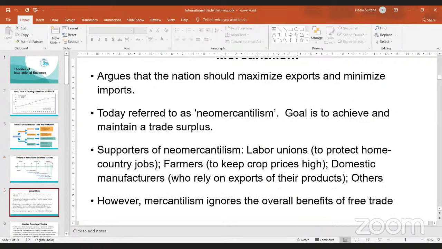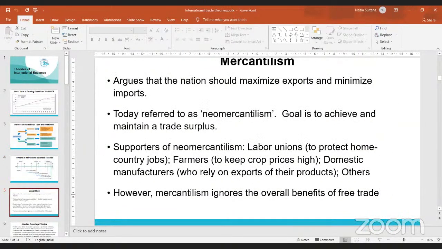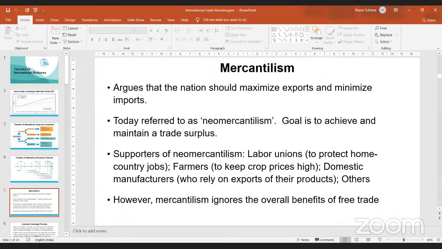As I said, this is not a theory per se given by anybody, but just a general observation of how markets were functioning in the beginning, when international trade was being concentrated upon, and countries of the world thought that they should have trade with one another. How did this happen? It was through observation that this theory came into picture, which is called the theory of mercantilism.